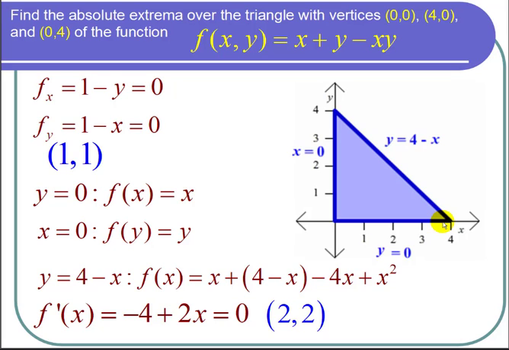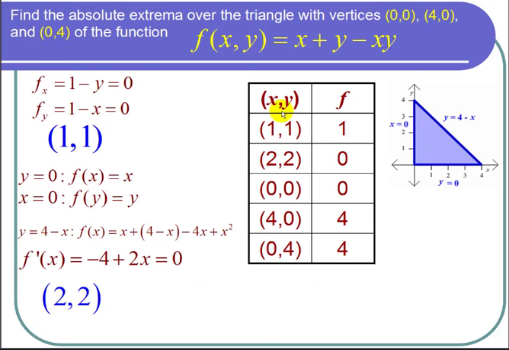So that tells you that my absolute extrema must occur either at the point (1, 1), at the point (2, 2), or at any of the vertices of the triangle, (0, 0), (4, 0), or (0, 4). So now I just set up a table. I look at the points where the absolute max or min can occur, and I plug those points into f. If I plug in 1 and 1 for x and y, I get 1 plus 1 minus 1 times 1, that's just 1.